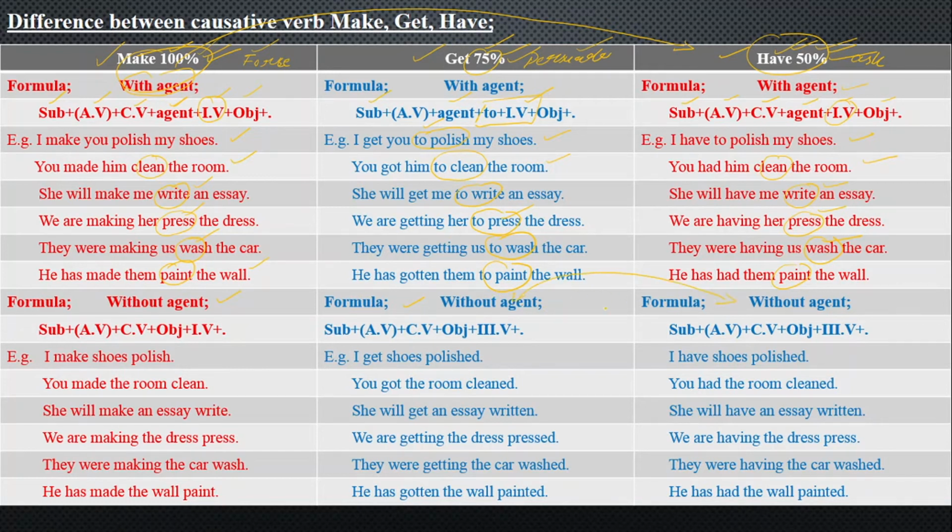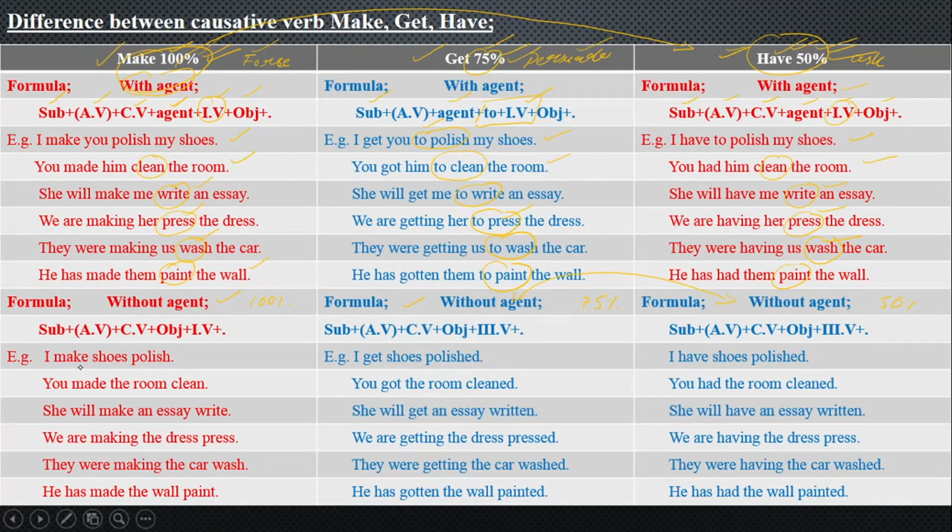Keep in your mind, in with agent sentences causative verb have is equal to make, but in causative sentences without agent have is equal to get, not make. And the difference number one we have already discussed, that make, whether it is with agent or without agent, we use it for 100%, get for 75%, and have for 50%.